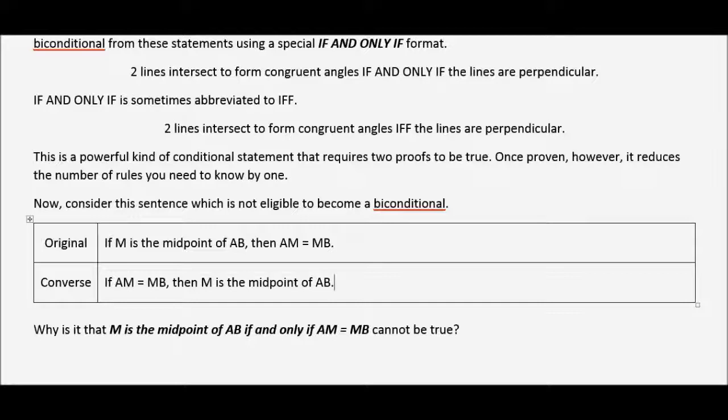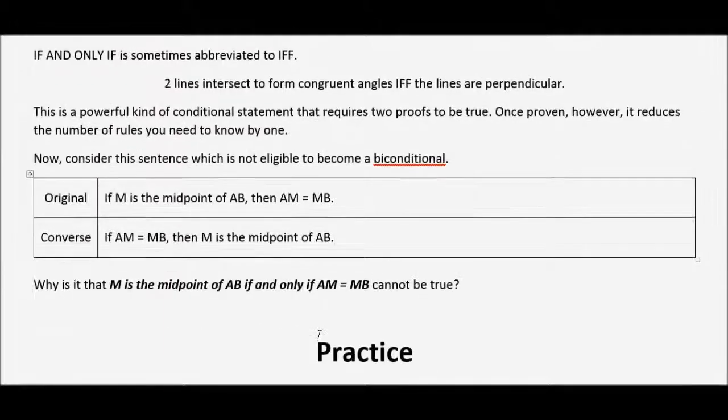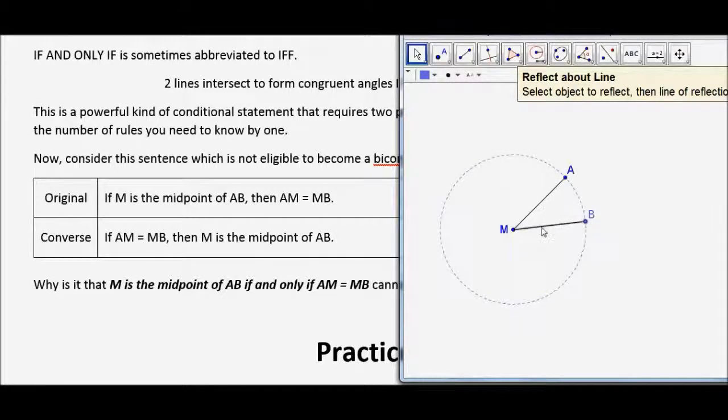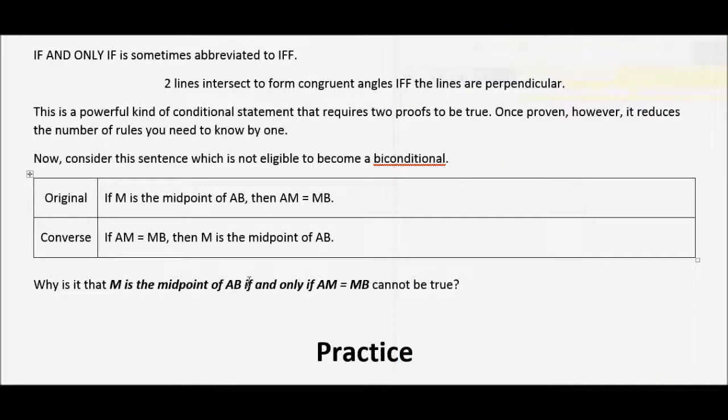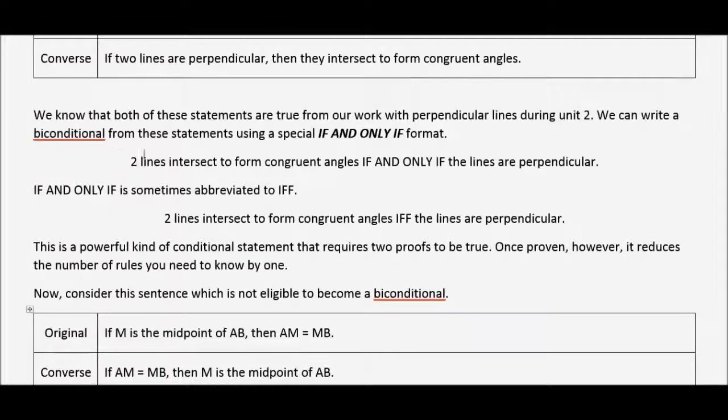And we learned earlier that this cannot be true. This is not true because the converse is false. All right, I can draw that angle. You remember the one here. This drawing is the counterexample for the converse. So we cannot do an if and only if for this statement because it's only true one way, whereas this statement is true both ways.